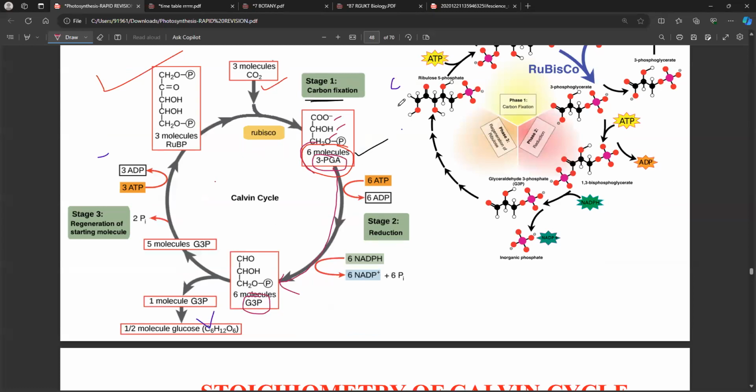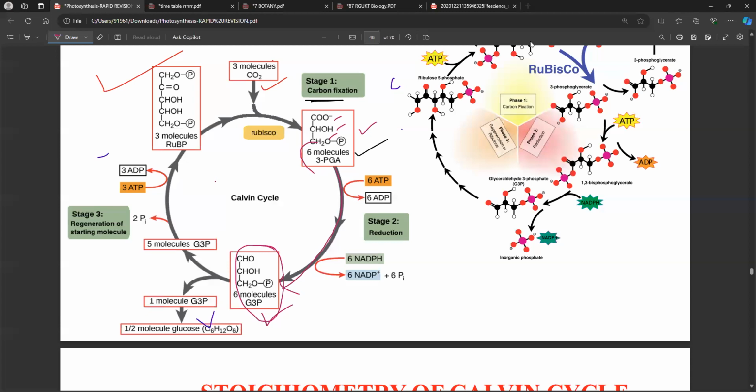What is the difference between phosphoglyceraldehyde and glyceraldehyde 3-phosphate? Friends, both are the same. There's no difference, because this is also 3 carbon, this is also 3 carbon. The difference is that one is the reduced form. So 3-PGA is getting reduced into its other form called G3P.